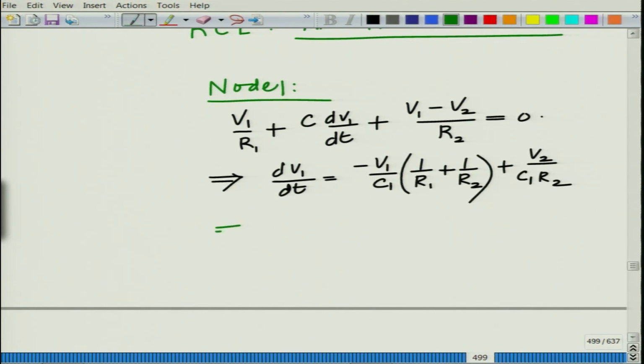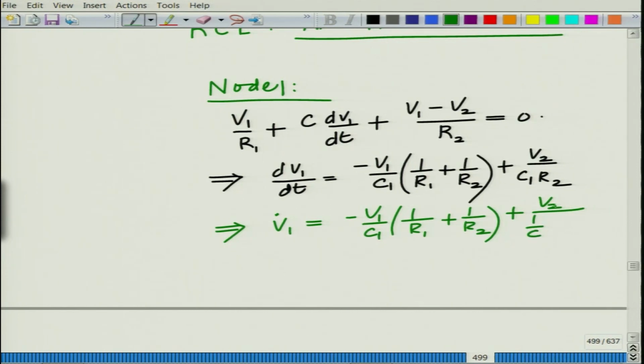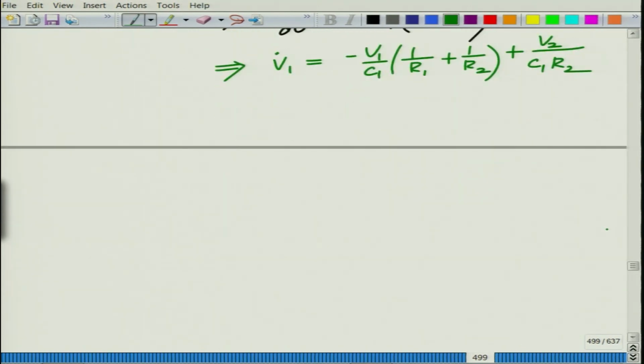Which implies V1 dot equals minus V1 by C1 times 1 by R1 plus 1 by R2, plus V2 by C1 R2.